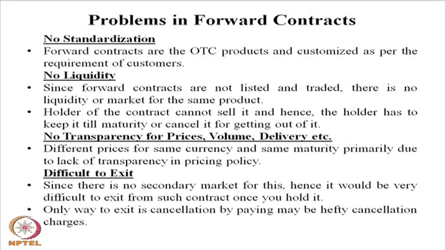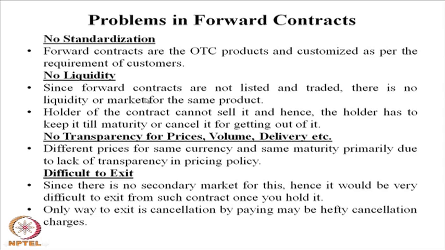Then it is not a standardized product. It is an OTC market, different authorized dealers are giving different quotations, and there is no standardization in the form of size, volume, or pricing. It creates some problems, because different rates are available from different authorized dealers. There is no liquidity. Liquidity is possible in a forward contract only by cancelling it.